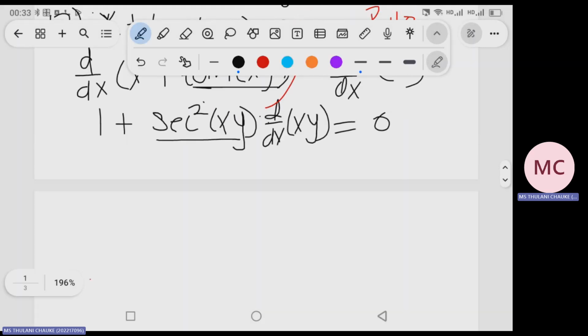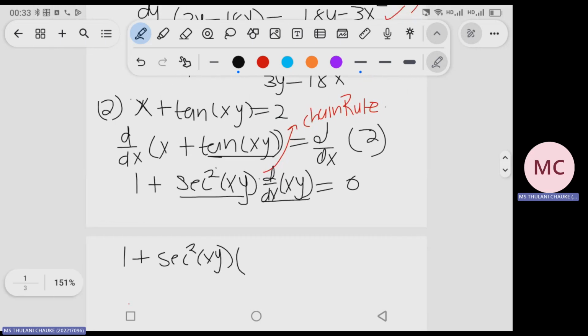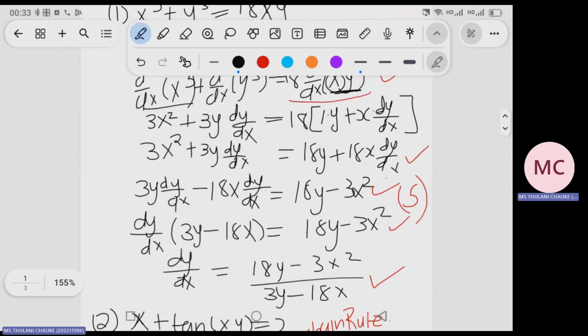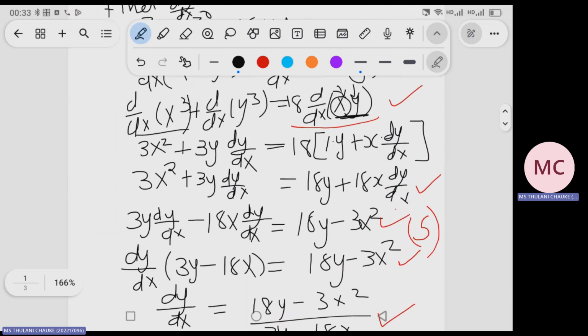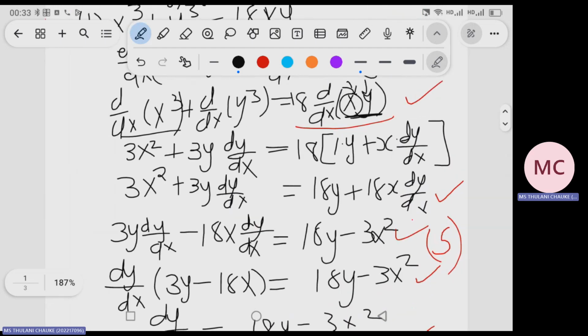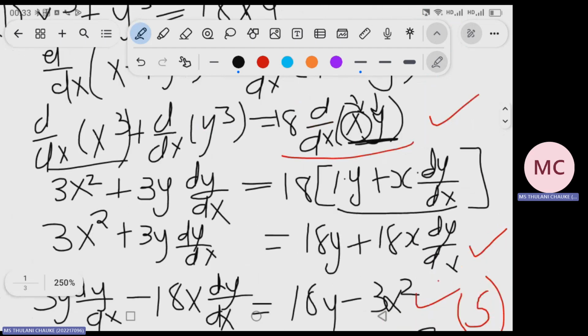Yeah. So we're having 1 plus sec squared of xy. The derivative of xy, we already know from that previous question, this was the answer.